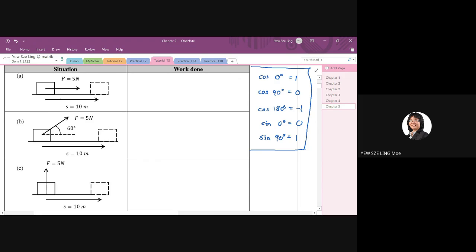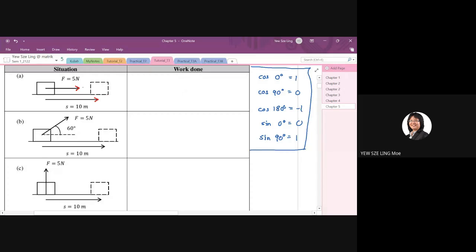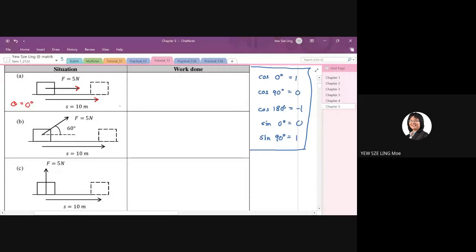All right, the first one is very simple. You have only one method. Now you have a force going to the right-hand side, and displacement also going to the right-hand side. When the two are pointing in the same direction, the angle is equal to 0 degrees.